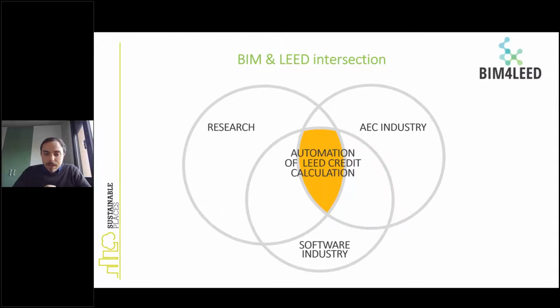So all this research and this project go in the same direction, that is the automation of LEED credit calculation, because it is very useful to find a way to automate the calculation, help the designer when they design the project, automate the verification and do a better design.